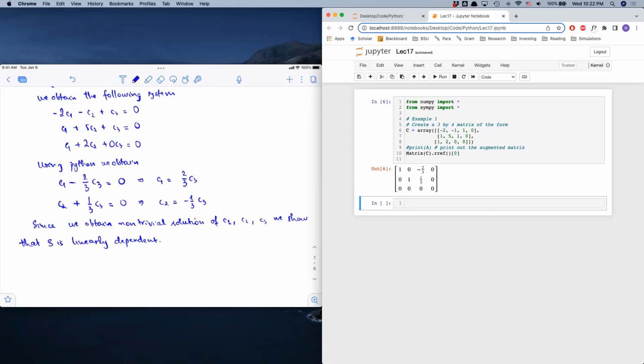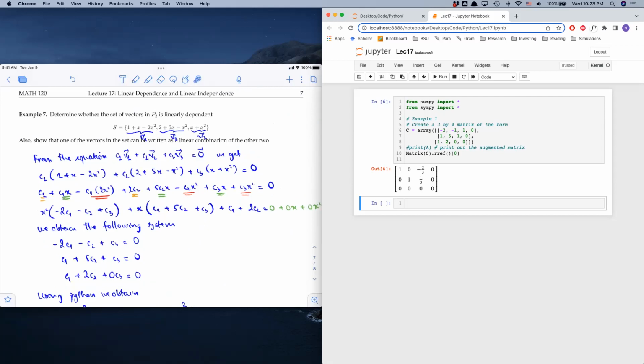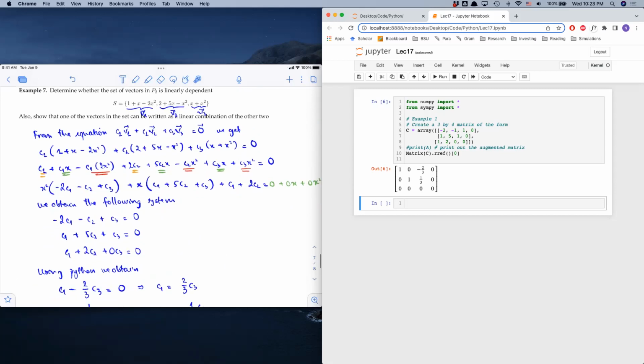All right. So there is a second request to this problem, which is to show that one of the vectors in the set can be written as a linear combination of the other two. First we show that the given set is linearly dependent.